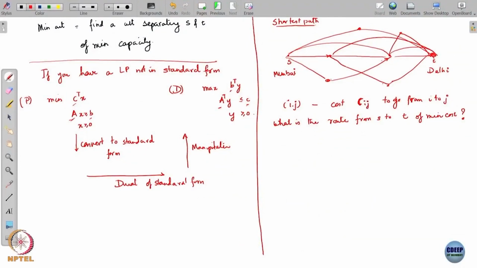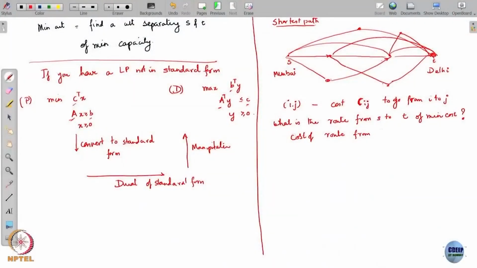Now, we want to know what is the shortest route from S to T in the sense of the total cost that you would incur. The cost of a route from S to T is simply the sum of C i j, where i comma j is in the route.